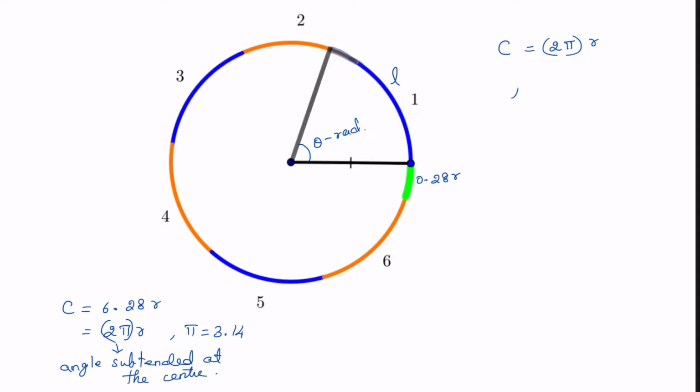Therefore, for the sector, the arc length L will be the angle subtended by that arc at the center times the radius. Here theta is expressed in radians. But we have learnt the arc length of a sector formula as theta divided by 180 times pi r. In this formula, theta is expressed in degrees.